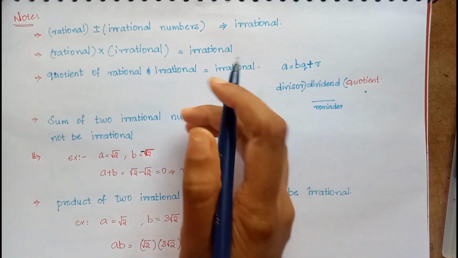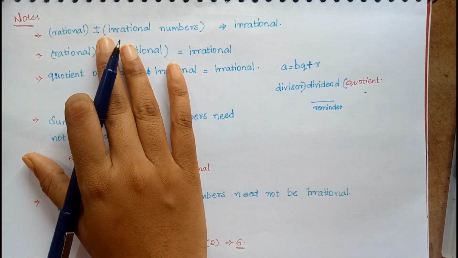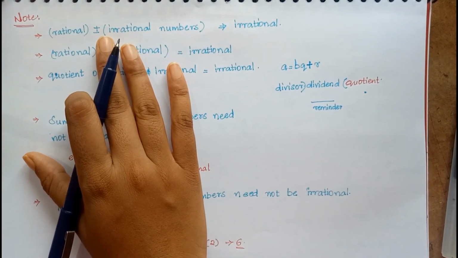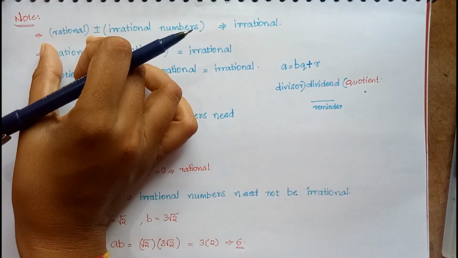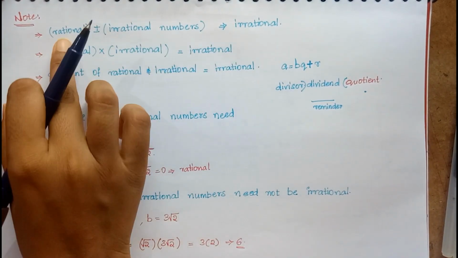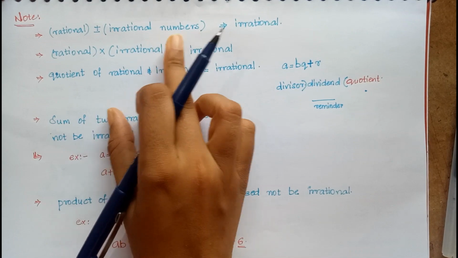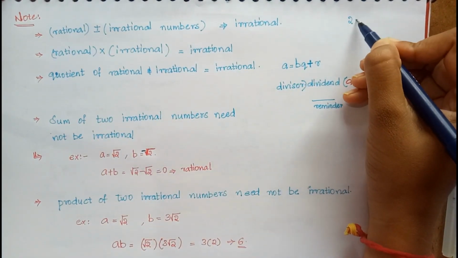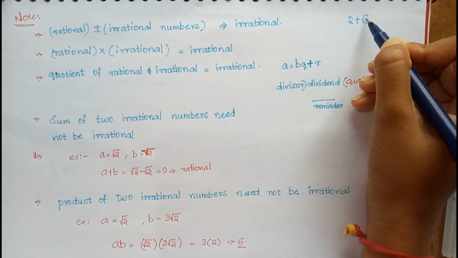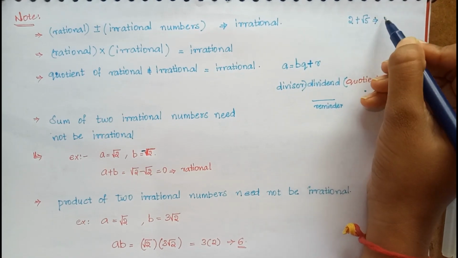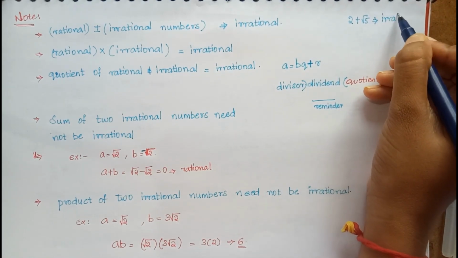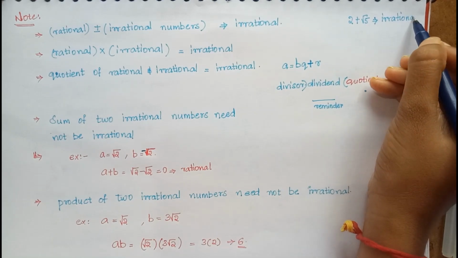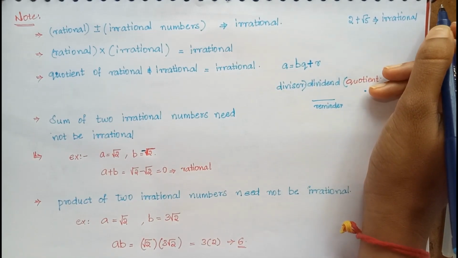Here we can take key points from the first bit. The sum or difference of a rational number and an irrational number is an irrational number. If 2 is a rational number and root 5 is an irrational number, we can conclude that 2 plus root 5 is an irrational number.